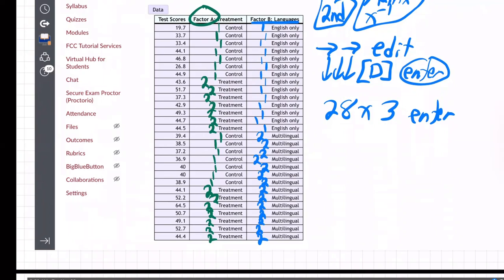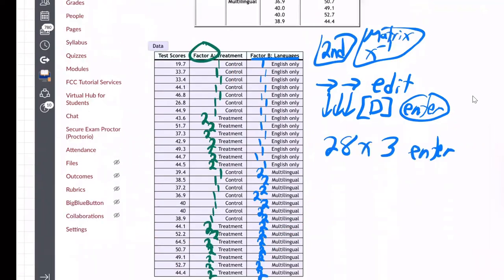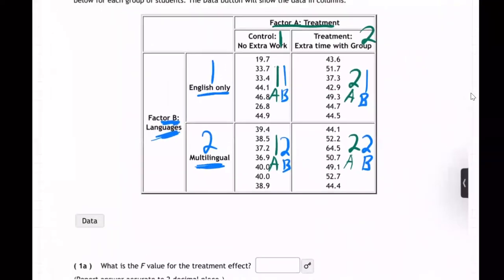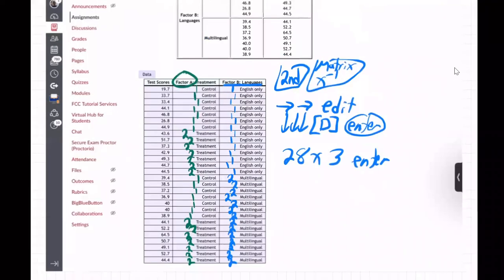And then you have to put in all of this data. All of this data. But these numbers, right? Again, how did I come up with 1 for control and 2 for treatment? Well, I just went to this original table they gave me. In fact, maybe it'd be easier if I just did it right. Sorry, keep sliding away from me.